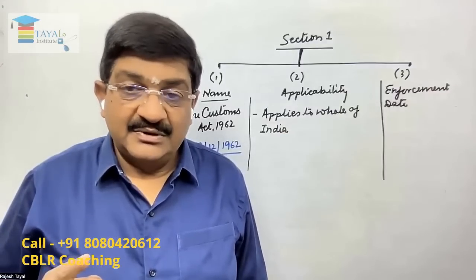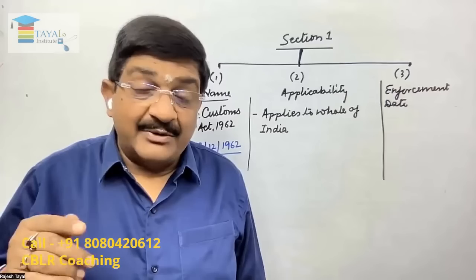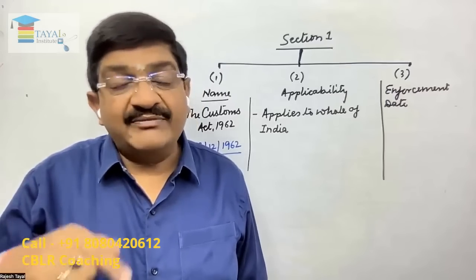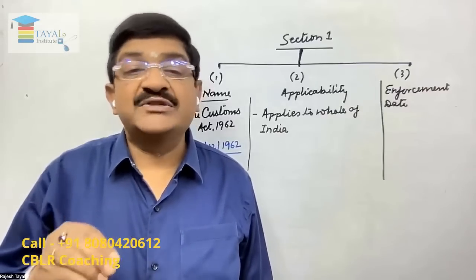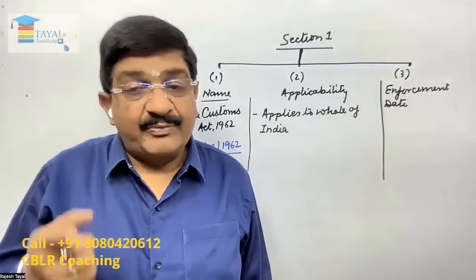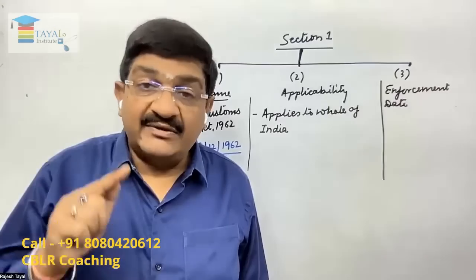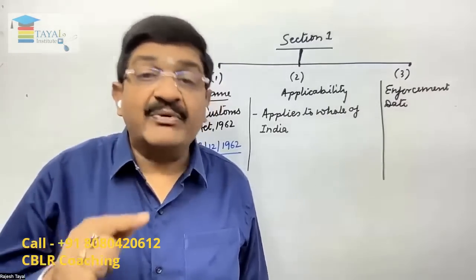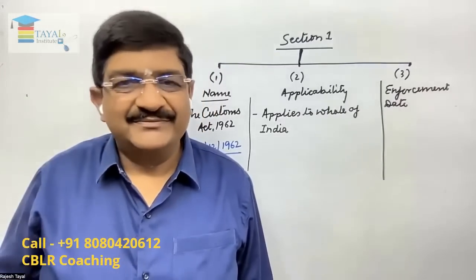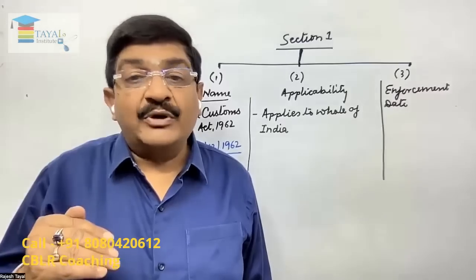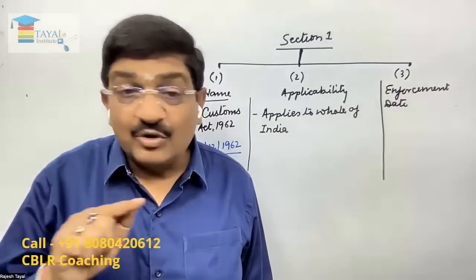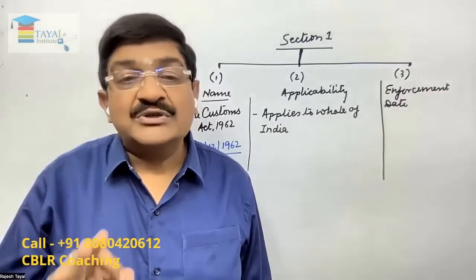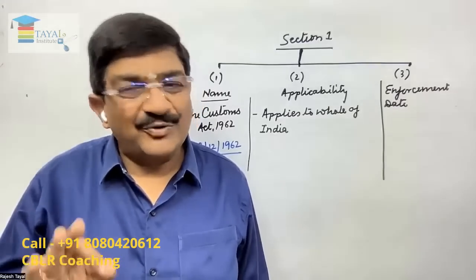And the laws can be made applicable to the residents or citizens of that country if they happen to be outside India. For example, under the Foreign Exchange Management Act, or FEMA, if an individual who is a resident in India is temporarily outside India, he continues to be governed by the provisions of FEMA. So the applicability of the law is extraterritorial. But this is not that way. In general, laws are applicable within the territory of the country only.